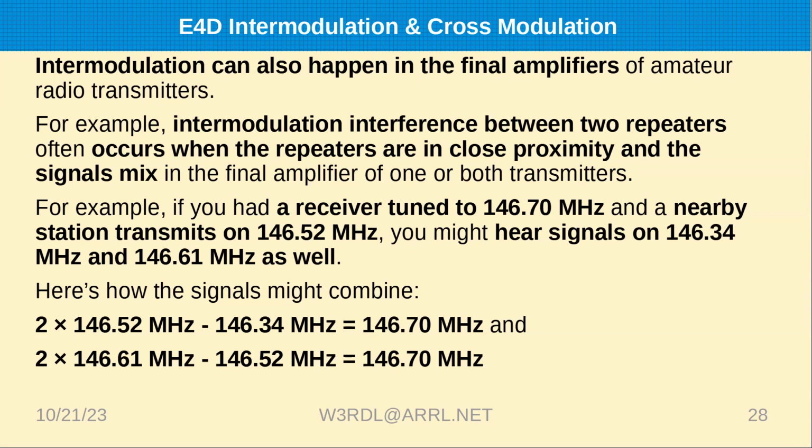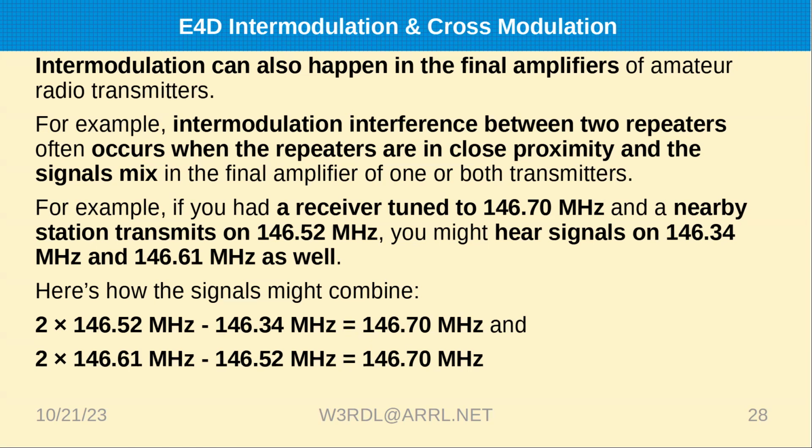In their example in the book, they're doing 2 times the 146.52 frequency minus the 146.34, and showed that it was equal to 146.7, which was where the receiver was tuned.